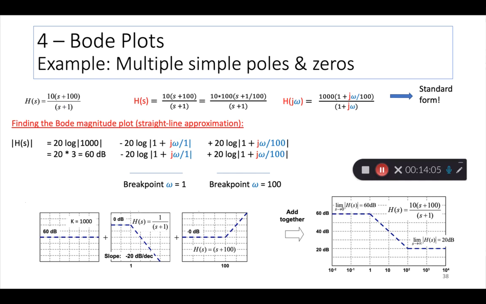The first piece is 0 decibel, and the second piece is a minus 20 decibel slope pointing downwards, and the break frequency, or corner frequency, is whatever is in the denominator. In this case the corner frequency is 1.